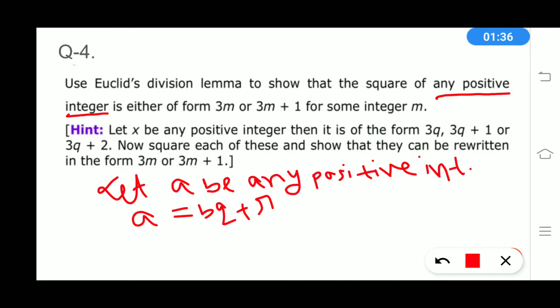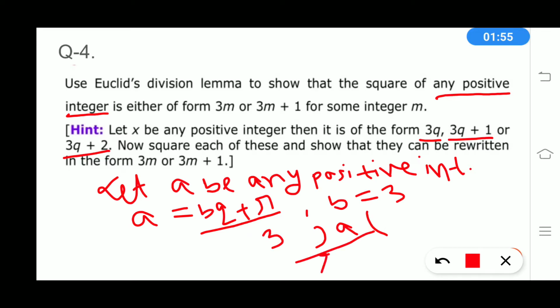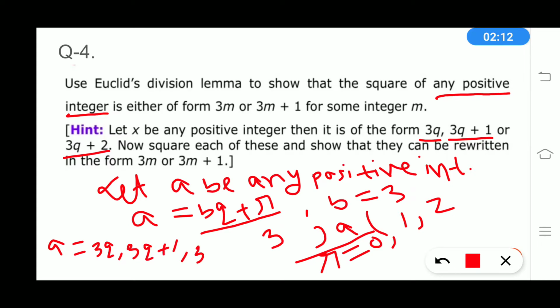If we compare a equal to bq plus r with 3q plus 1 and 3q plus 2, then definitely b equals 3. So we divide a by 3, then possible remainders are either 0 or 1 or 2. Then a equals 3q or 3q plus 1 or 3q plus 2.